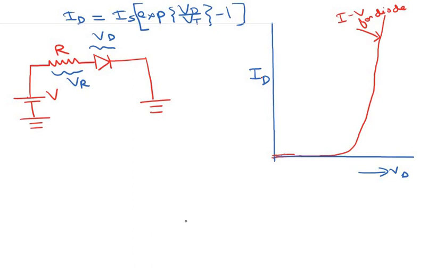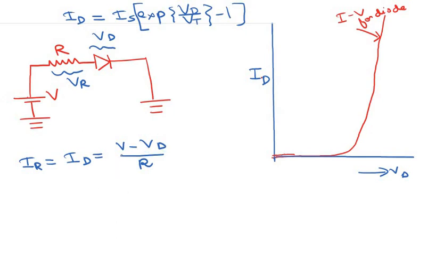Now the same current flows through the resistor and the diode because they are connected in series. So the current through the resistor IR is equal to ID, and the current through the resistor IR is also equal to V minus Vd divided by R, where Vd is the voltage drop across the diode.